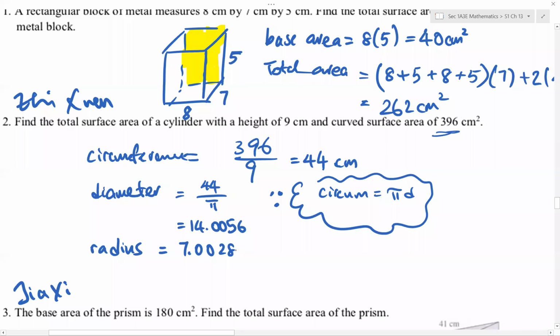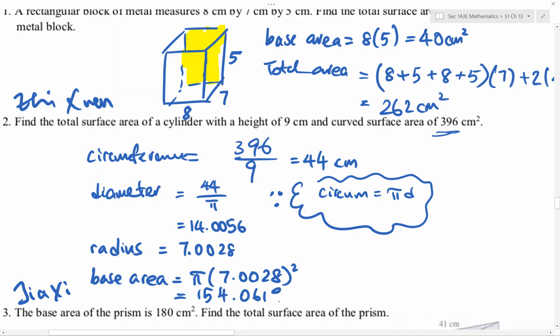And then base area equals pi open bracket 7.0028 squared, square times pi, 154.0619.